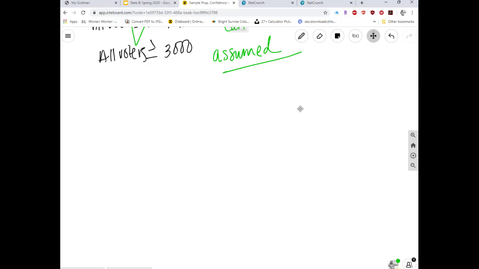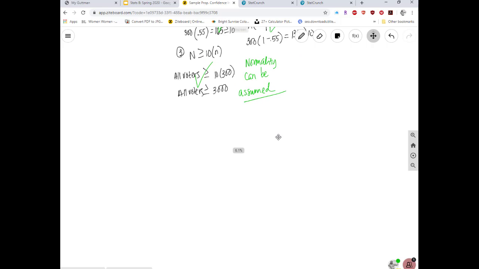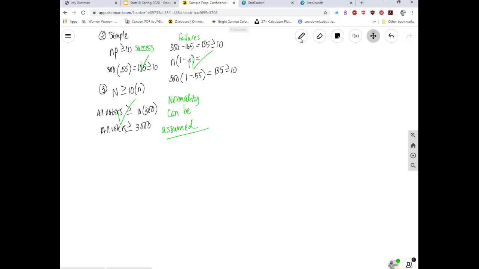Okay, now let's draw my diagram. Make myself a normal curve.